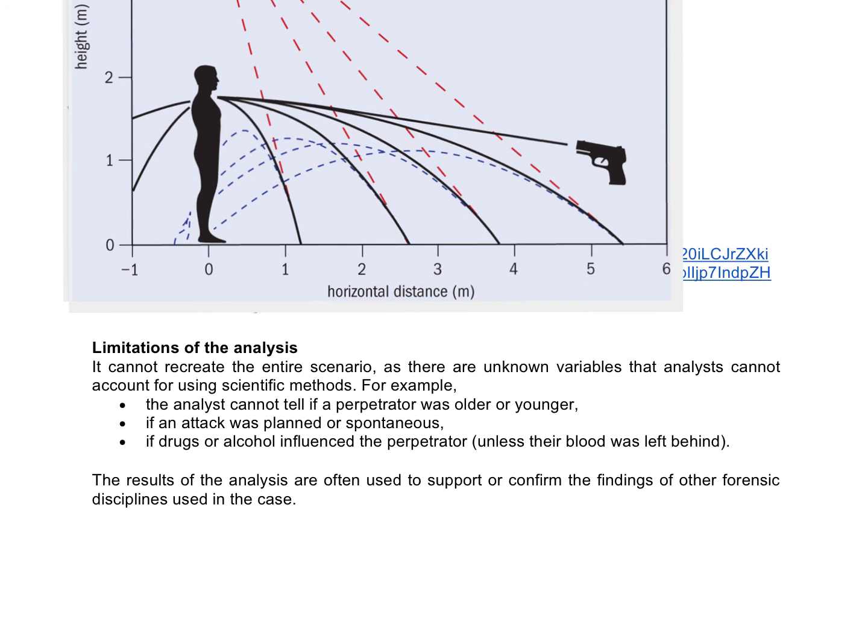So the results of all these analyses are usually used to support or confirm the findings of other forensic disciplines, other evidence that has been found, and also testimonies from the witnesses.